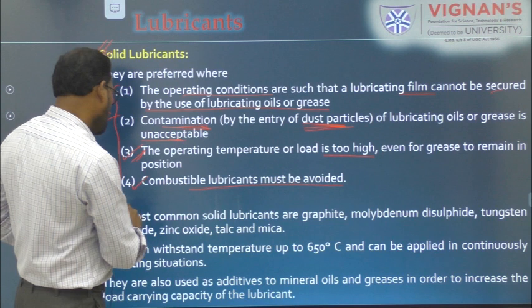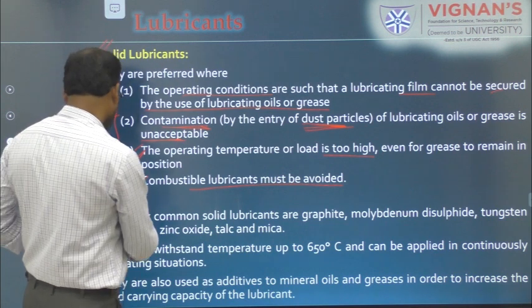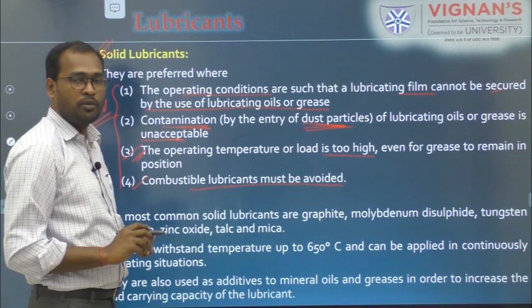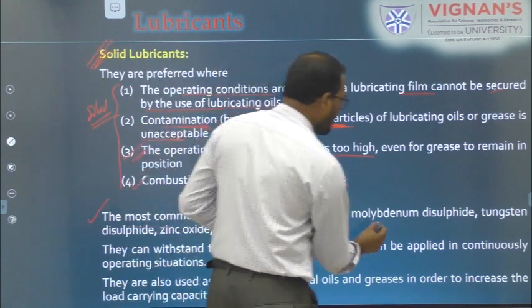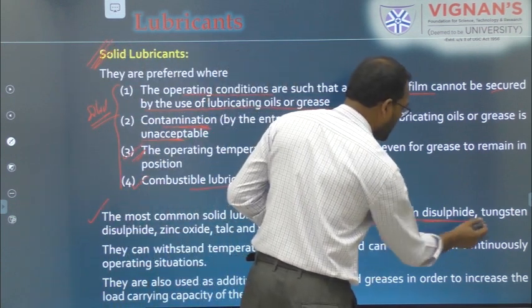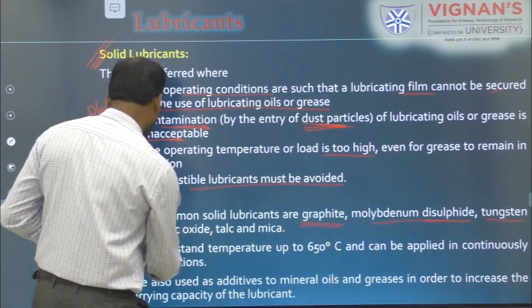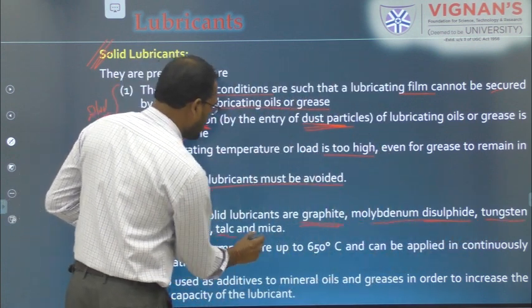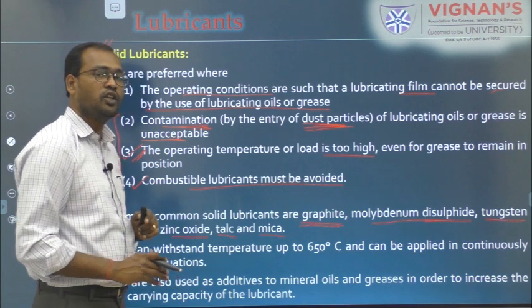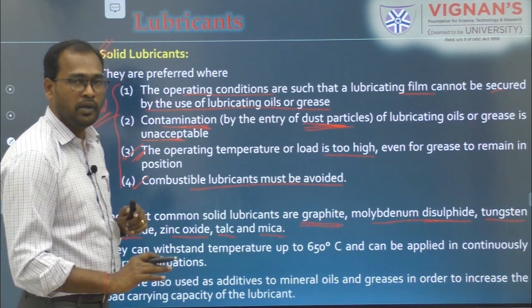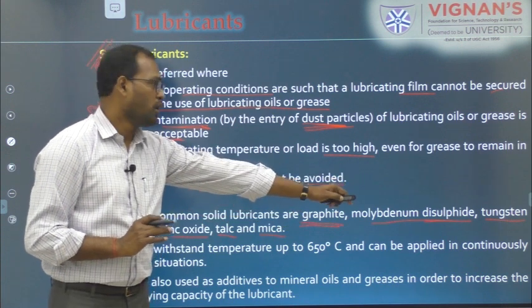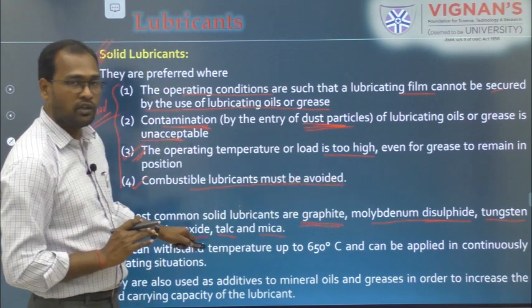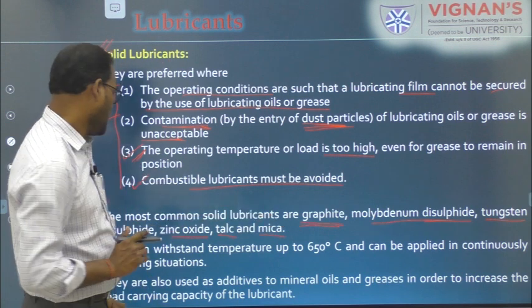And coming to the properties, the most common solid lubricants are graphite, molybdenum disulfide, tungsten disulfide, zinc oxide, talc and mica. So these are the common solid lubricants which have been used: graphite, sulfides of molybdenum, tungsten, zinc oxide, talc and mica, right.